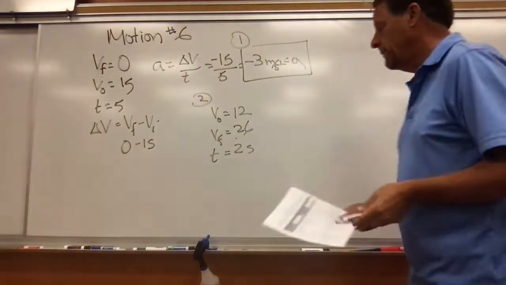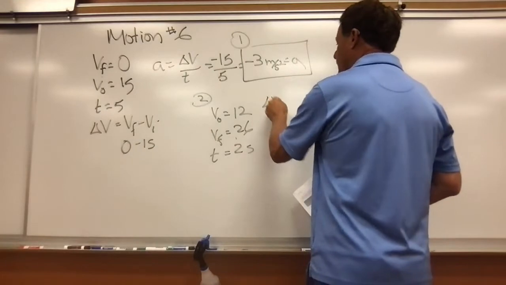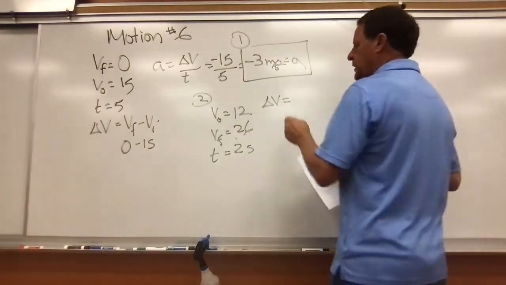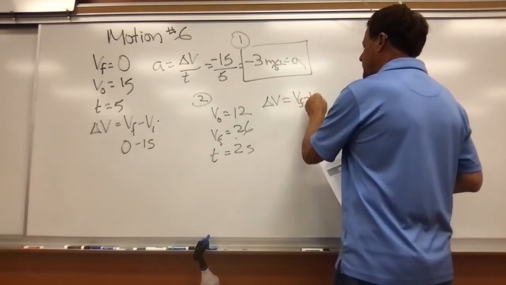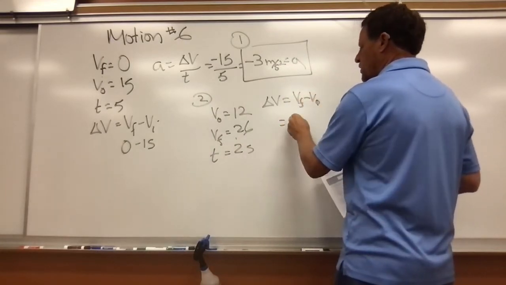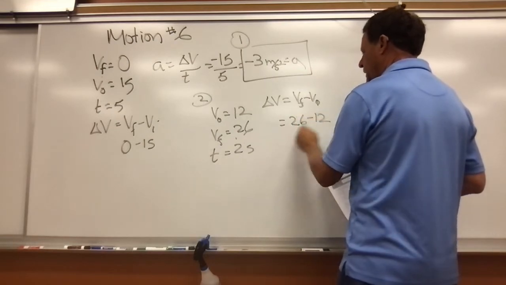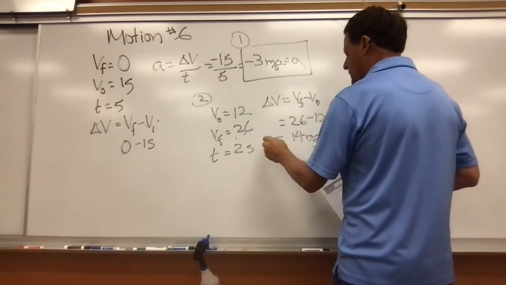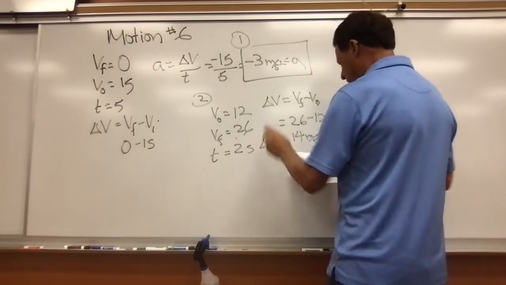Now, you guys, it's asking for the delta V, which, as we already know, is going to be V final minus V original. So this is going to be 26 minus 12, which is equal to 14 meters per second. That is our delta V.